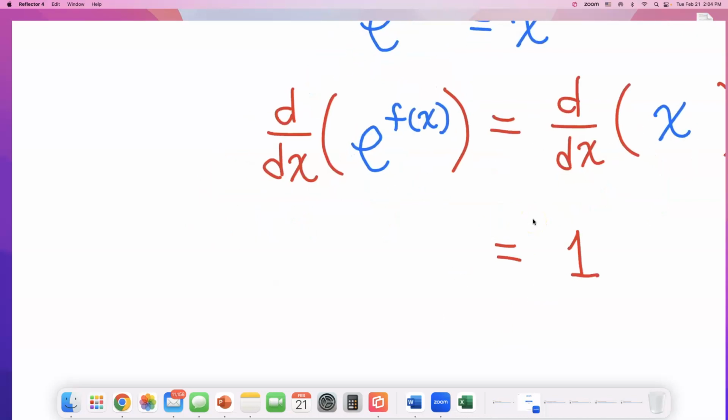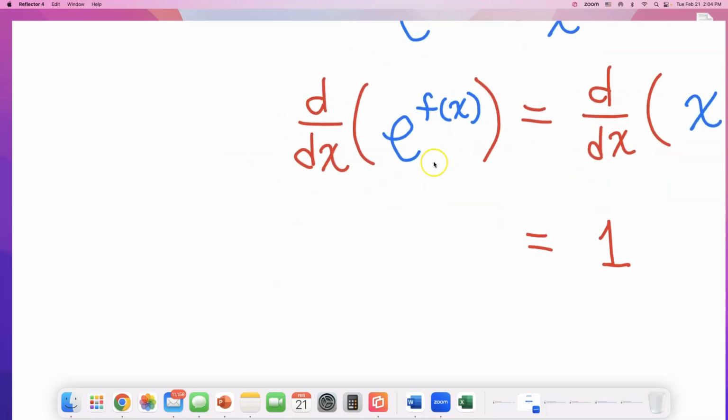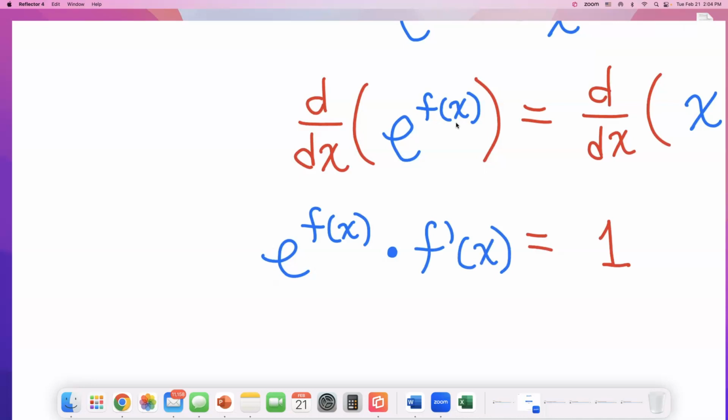Now the left side though, this is what we talked about in section 2.2. Derivative of e to the f of x is e to the f of x times the derivative of that exponent function, so f prime of x. So that's the chain rule, right?